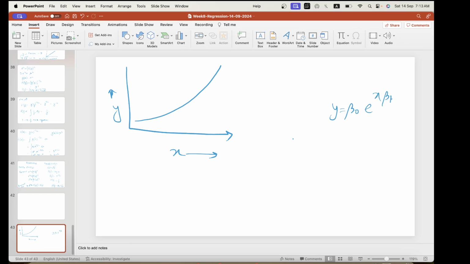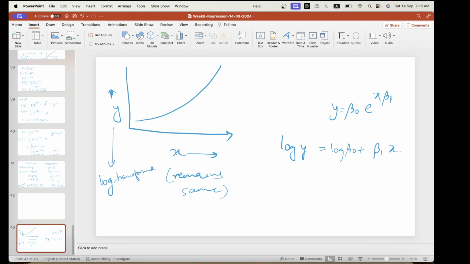Now if we take log on both sides, log y would be log beta naught plus beta 1 into x. So then this model is actually linearized. Here the transformation is that x remains the same, but y will be log transformed.